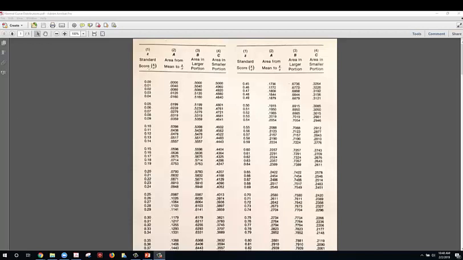In column A, this is our z-score. Column A is the area from the mean to the z-score. So whatever our z-score is, column A is going to tell us how far from the mean to our score it is. Column B is the larger portion, above or below. And column C is the smaller portion.